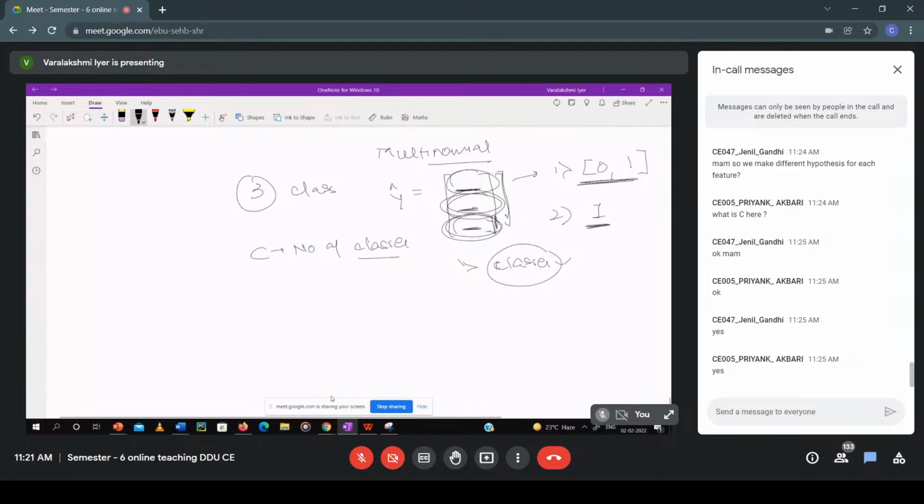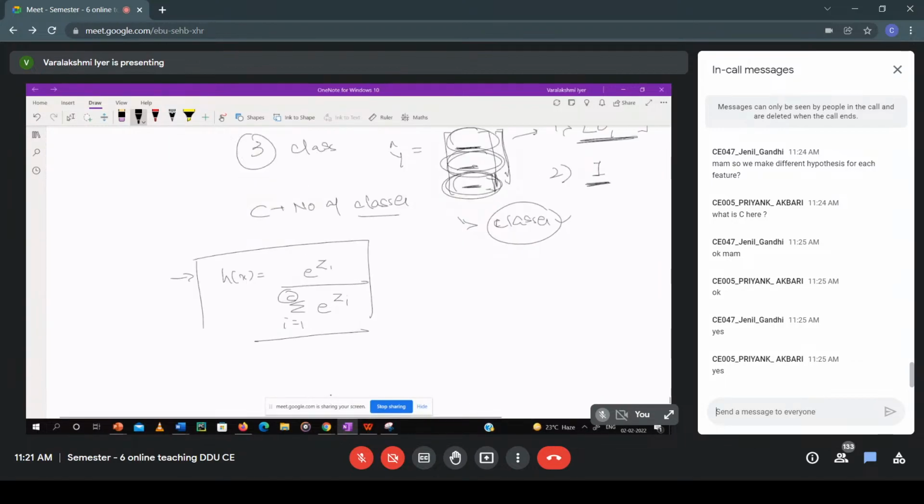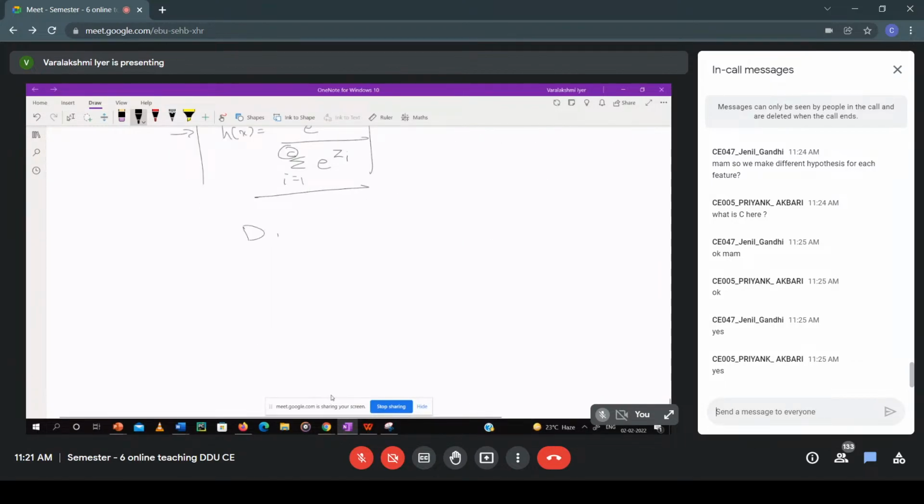So, your softmax hypothesis function is h of x equals e raised to zi upon the summation of i equals 1 to c, where c is the number of classes, of e raised to zi. Your data set will be updated something like this. You have x1, x2, and you have y, which is 1, 2, and 3.